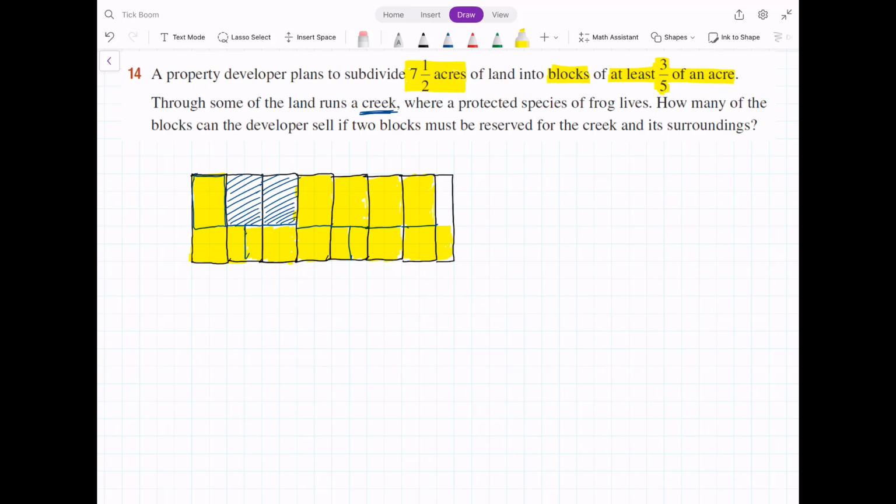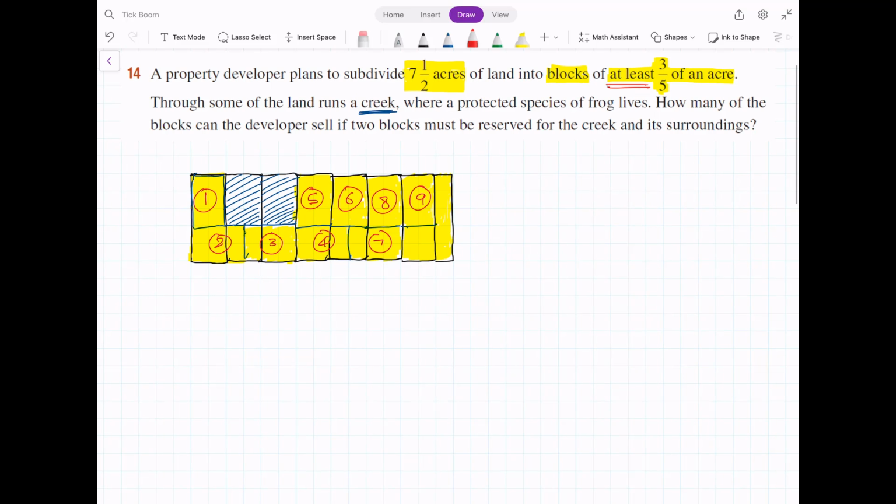But because of these critical words, at least, this block, or any of them really, can be bigger than just the 3/5, so that could be another block here. So if we look at what's been highlighted, we've got 1, 2, 3, 4, 5, 6, 7, 8, 9, and then this big block here, this last one that's more than the minimum of 3/5, that would be the 10th.